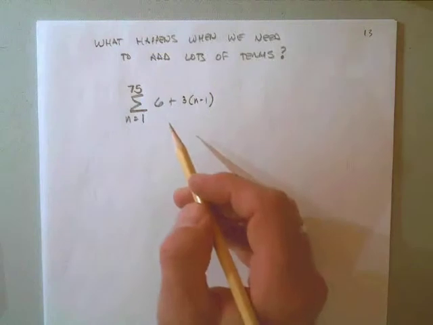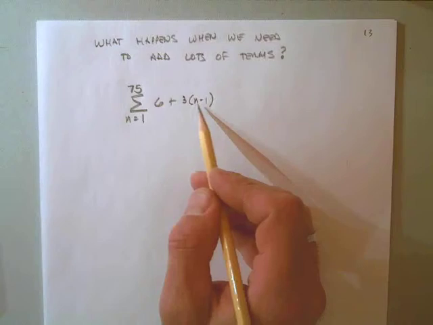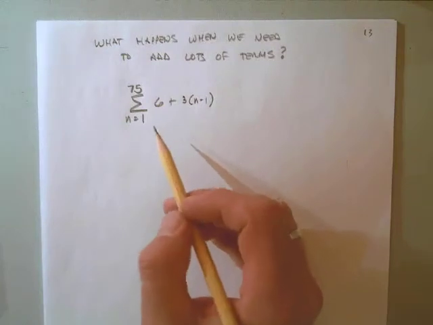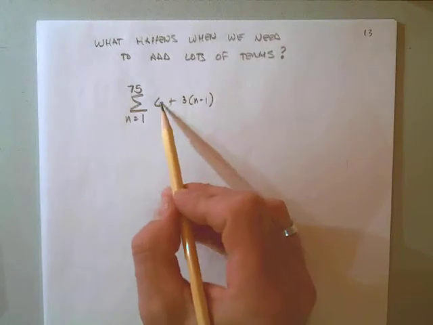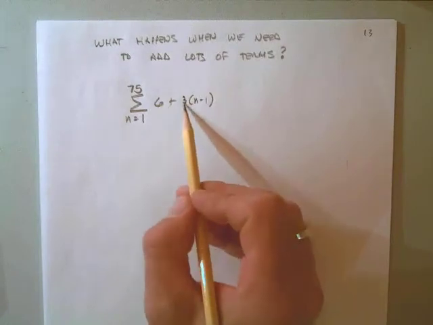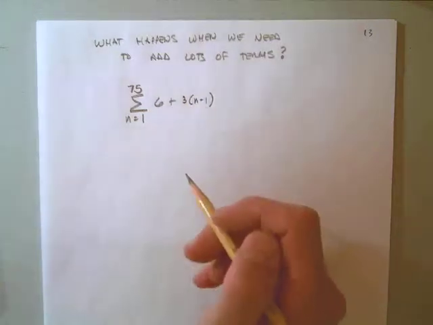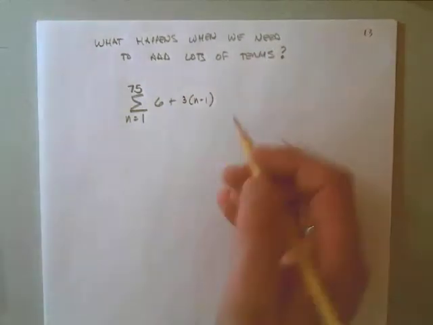Now, one of the questions you might run into is, can you tell what kind of sequence this is by looking at the equation? Well, this is an arithmetic series because we have a starting value, a common difference, and the n minus 1.